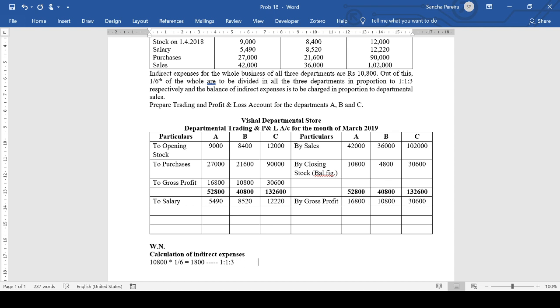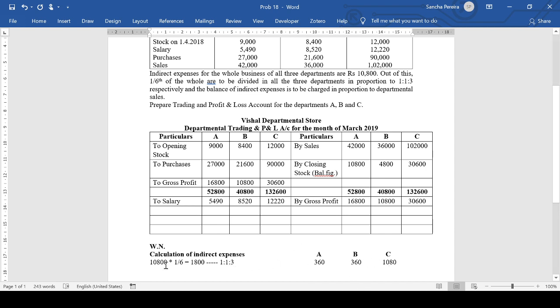For departments A, B, C, 1 is to 1 is to 3, 1,800 divided in this ratio is going to be 360, 360, and 1,080.